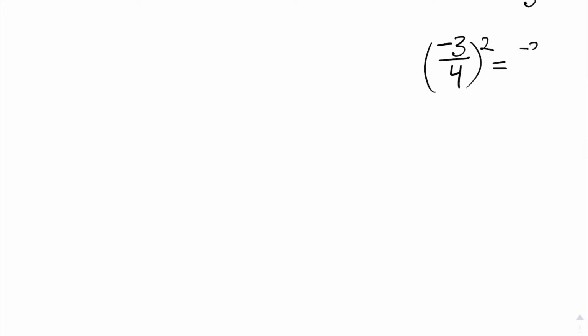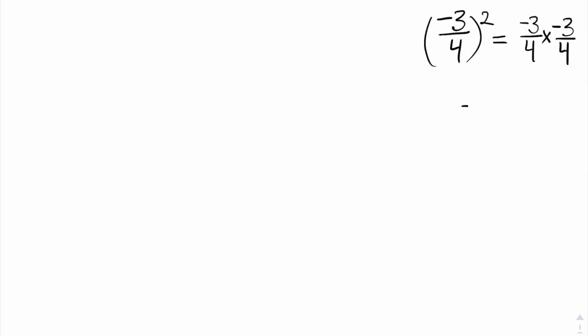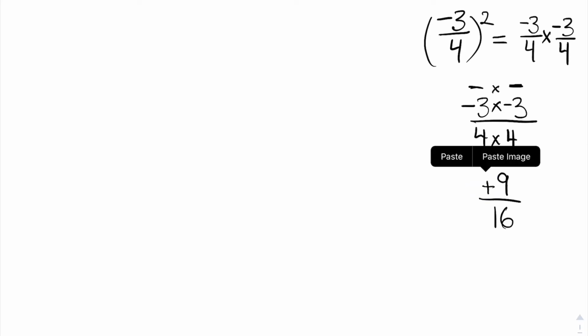Everything that was in the brackets is still going to be in the brackets. So now I'm going to multiply negative 3 times negative 3, the numerators times the numerators, and 4 times 4, denominator times denominator. That'll give me 9 over 16. Now, it's a negative times a negative, which is why I put positive 9.